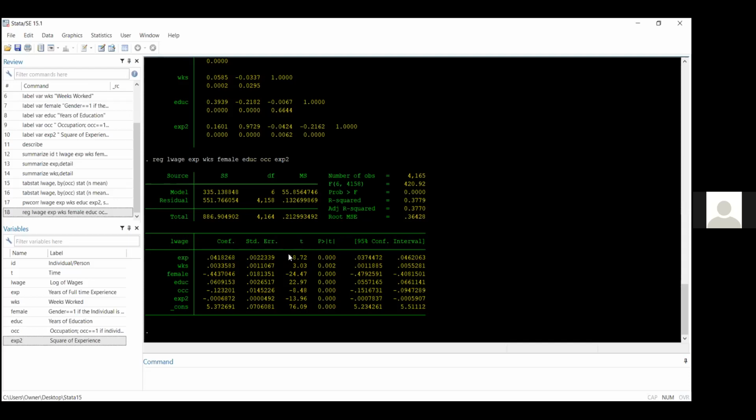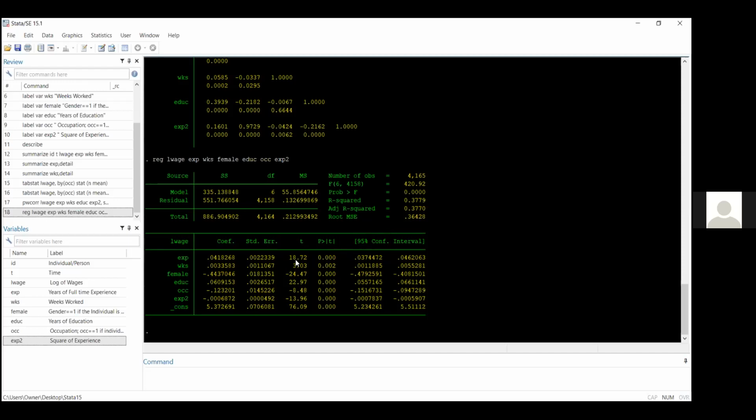And we can compute it, meaning the coefficient divided by the standard error gives us the t-value. So 0.41 divided by 0.0022 something should give us this value. And that's why we say a value for the 5% significance level, because the critical value at 5% is 1.96.